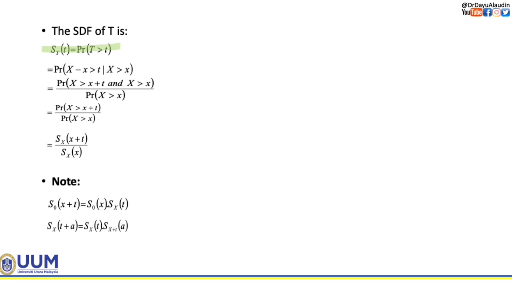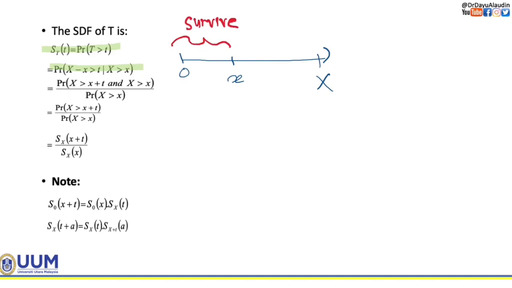So it is the conditional probability whereby the big X must be greater than x, where an individual must survive until x. So survive here. Now we want to know the probability of survival from x to the age at death.